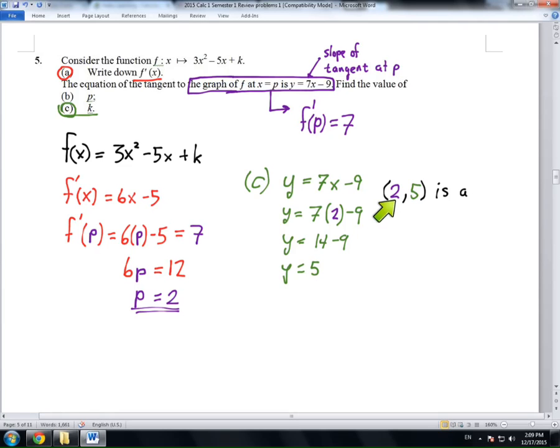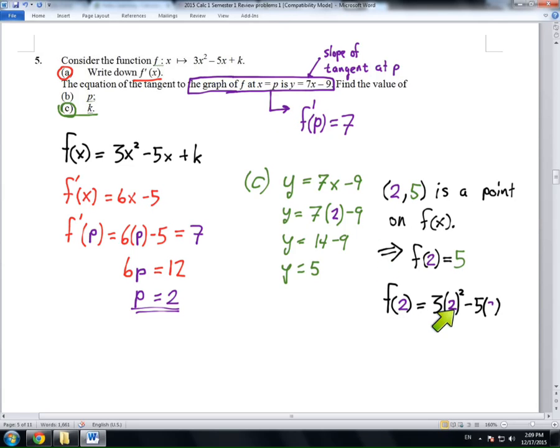So 2, 5 is not only a point on the tangent line, 2, 5 is also a point on f of x, because the tangent line crosses this function at the exact same point, 2, 5. So I simply find f of 2, which leaves out the value of k, but I know 5 is going to be the result. So I add up all the numbers, solve for k equals 3.